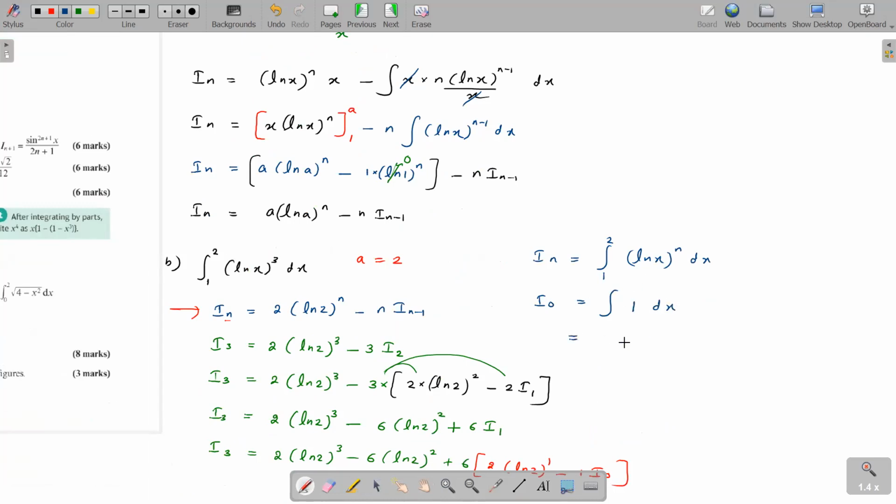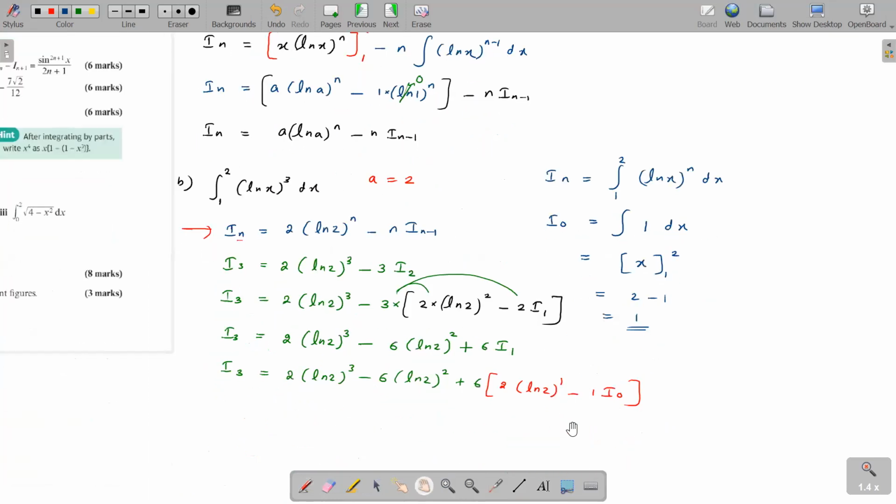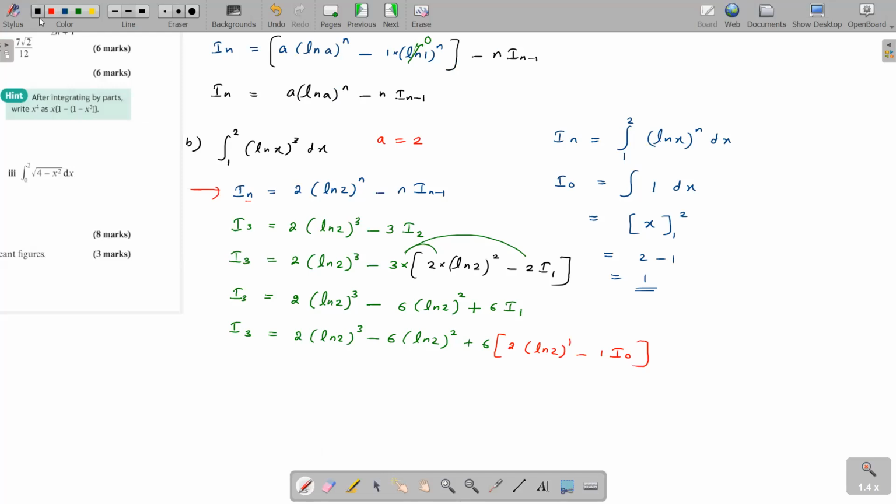When you integrate 1, we get x, and our limits are from 1 to 2, right? So I get here 2 minus 1. The answer is simply 1. I_0 is simply 1. So input the final answers: 2 (ln 2)^3 minus 6 (ln 2)^2. Here 6 into 2 is 12 ln 2, plus 6 I_0. I_0 is 1.